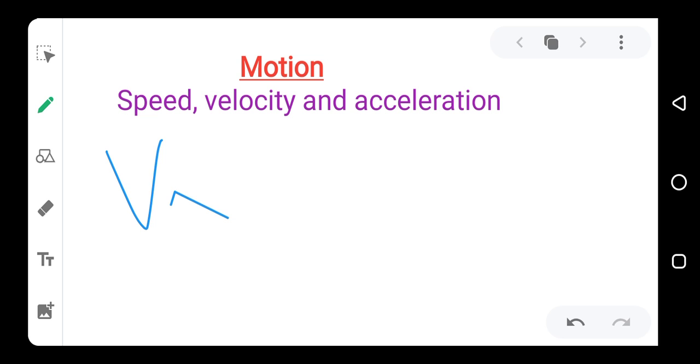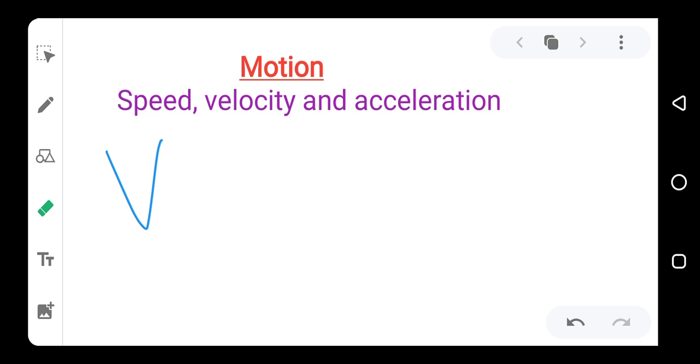The distance covered during a movement over time in a given direction.